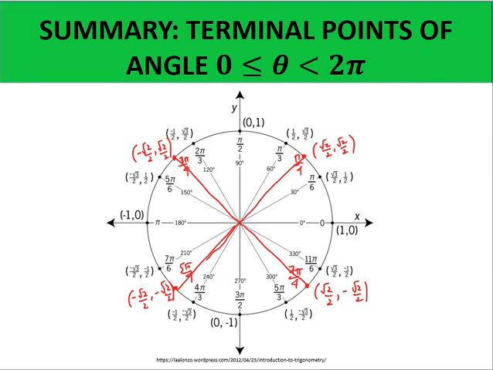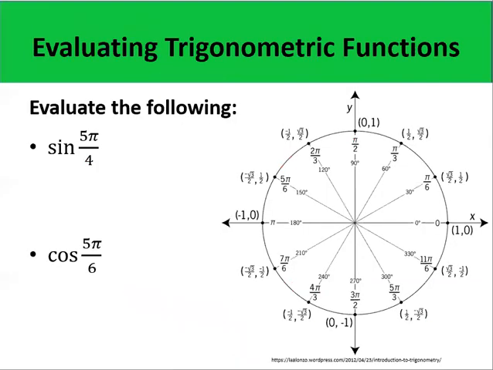So let's have an example in determining the values of the trigonometric functions. So first, let's evaluate sine of 5 pi over 4. So 5 pi over 4 is an angle on the third quadrant having reference angle pi over 4. So this is 5 pi over 4, and the terminal point is negative square root of 2 over 2, comma negative square root of 2 over 2.